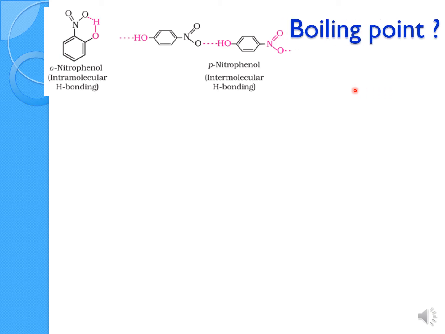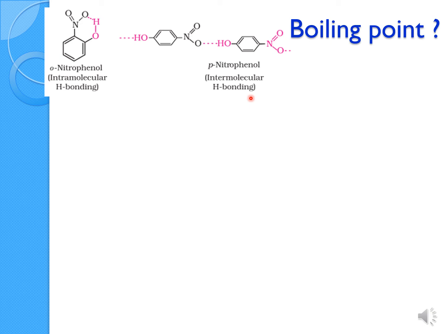So let's compare the boiling point of these two molecules. Will they have the same boiling point or will they have different boiling points? Of course, they will have different boiling points because in paranitrophenol, as we have already seen, a large number of molecules will associate together by intermolecular hydrogen bonding.